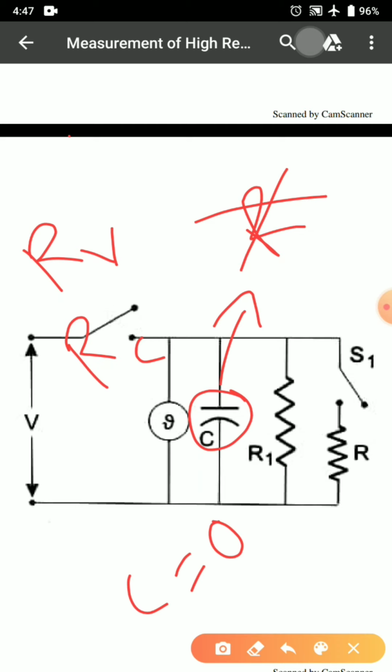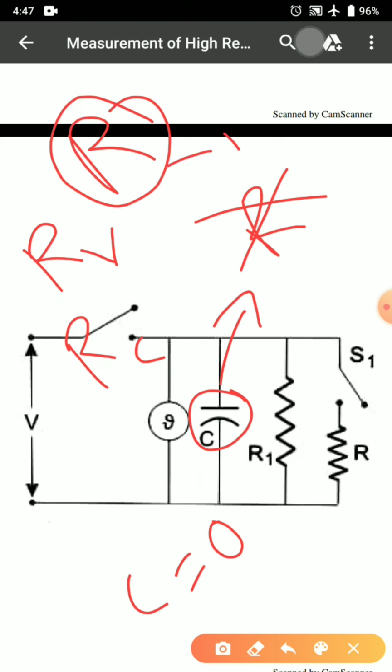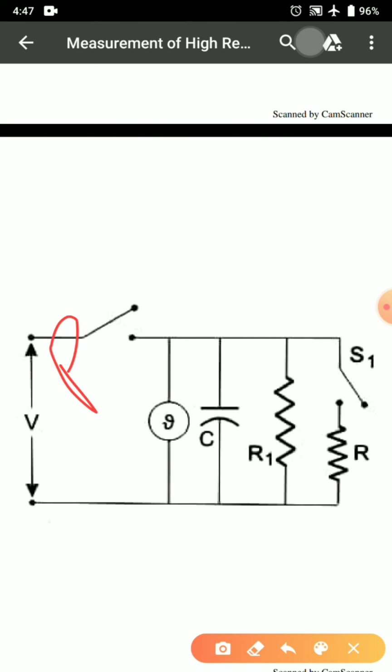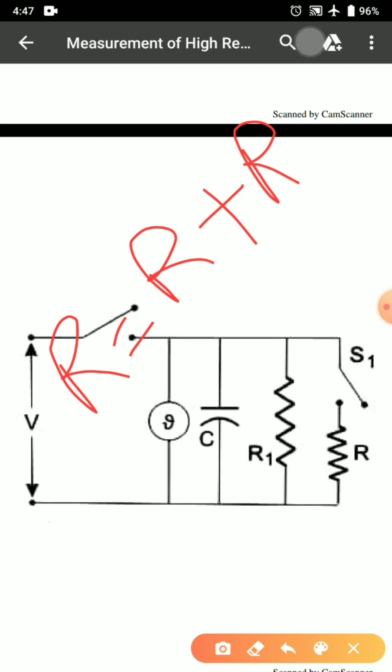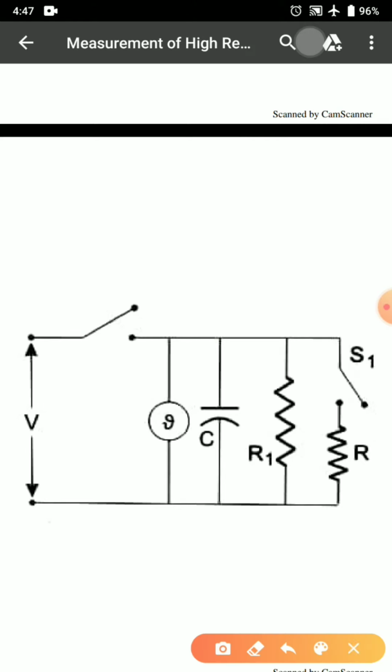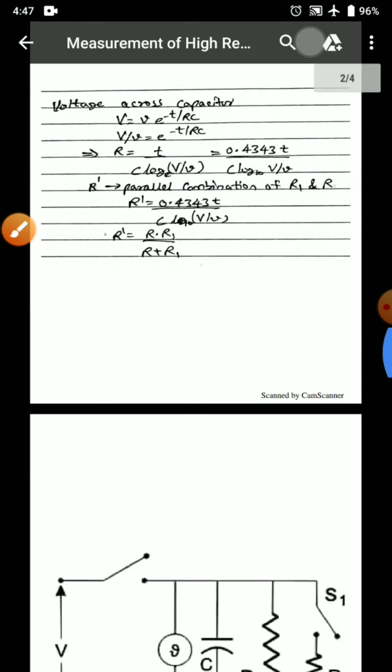Because of these internal resistances, the R value that I have calculated is not only the value of the unknown resistance; it is also the value of the internal resistance of the capacitor, the leakage resistance of the capacitor, as well as the internal resistance of the voltmeter. For this, I will just have to modify the previous circuit.